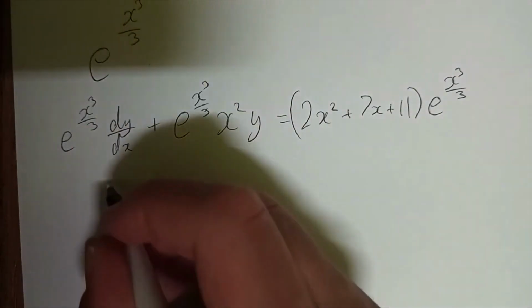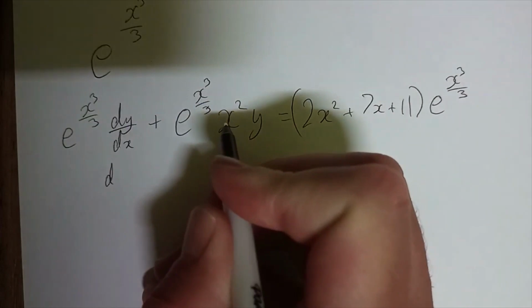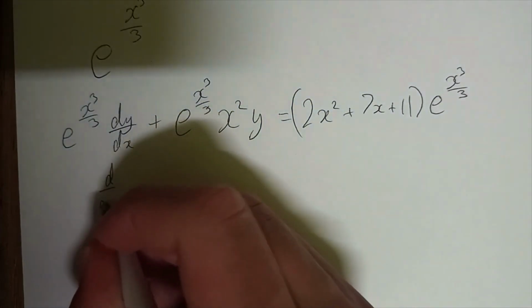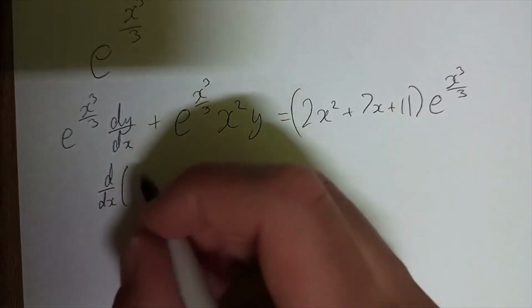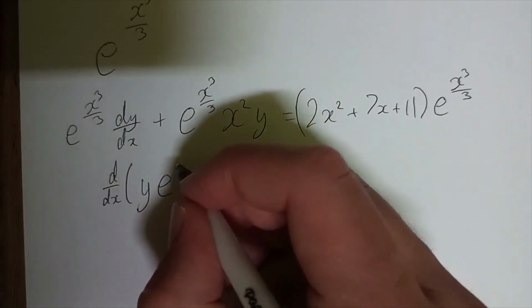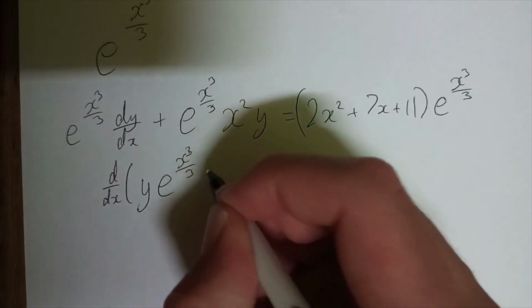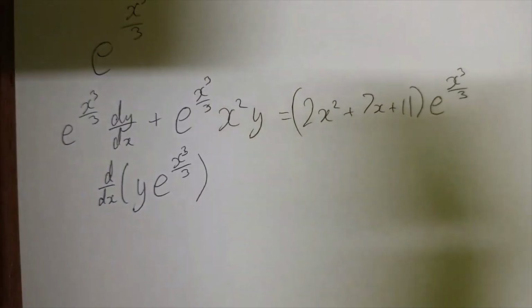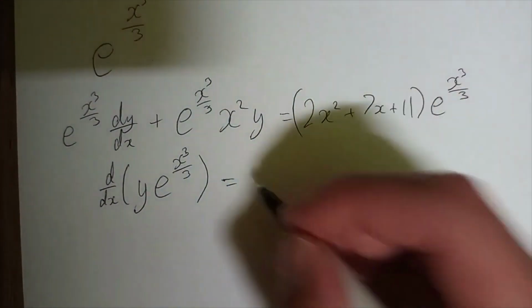So now, as before, we can take this side and it will be equal to the derivative with respect to x of y times the integrating factor. So this equals the right hand side.